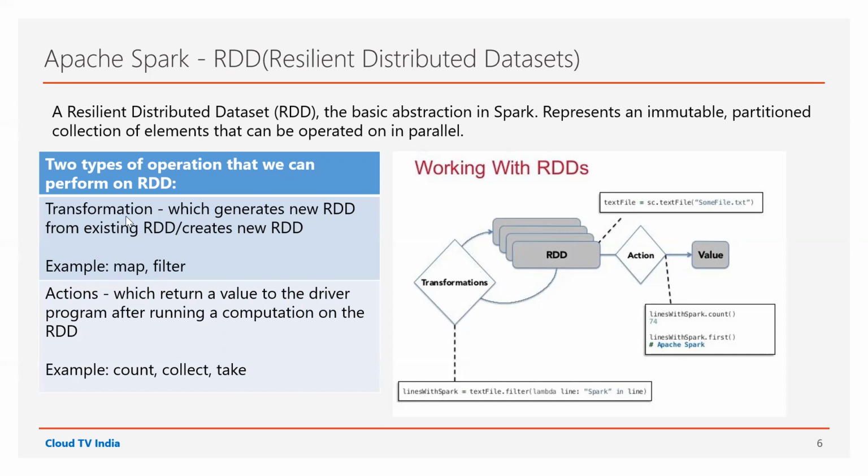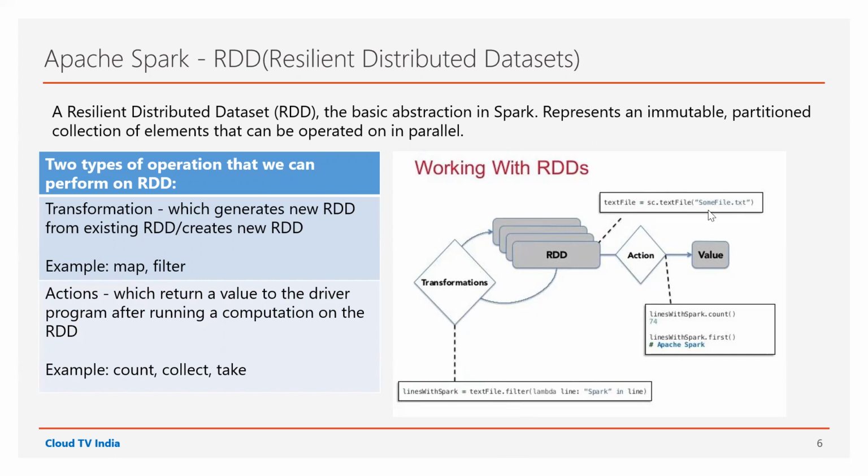Whenever a transformation is applied on a particular RDD, you will get a new RDD, which will have the output of whatever transformation function you applied on it. In this example, sc is nothing but the Spark context. This statement is sc.textFile, so you can read a text file.